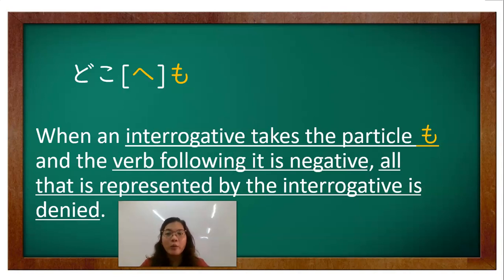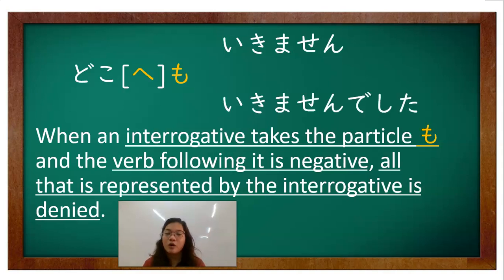For example, doko mo means in English, nowhere. You just add no to the interrogative. Doko mo ikimasen. I didn't go anywhere.